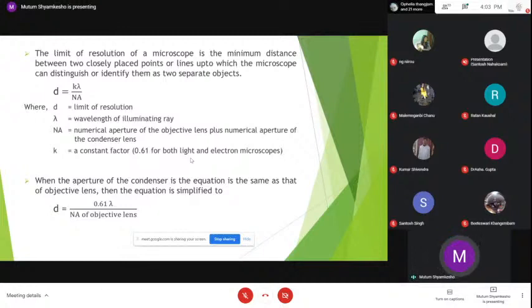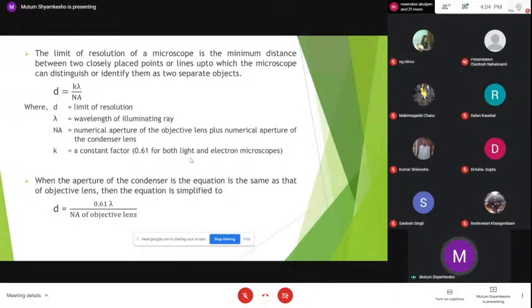light and electron microscopes. And then when the aperture of the condenser lens as well as the aperture of the objective lens are the same, the equation of the limit of resolution is simplified: the limit of resolution is equal to 0.61, that is the value of the constant factor, times lambda, the wavelength of the illuminating ray, divided by the numerical aperture of the objective lens.